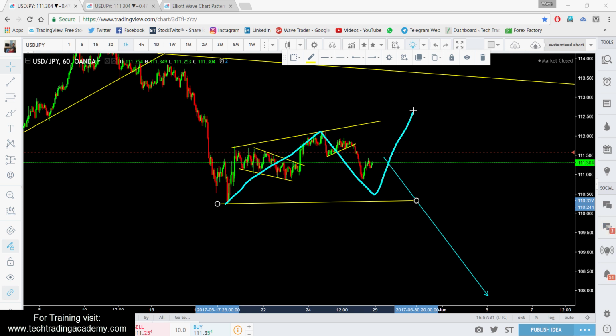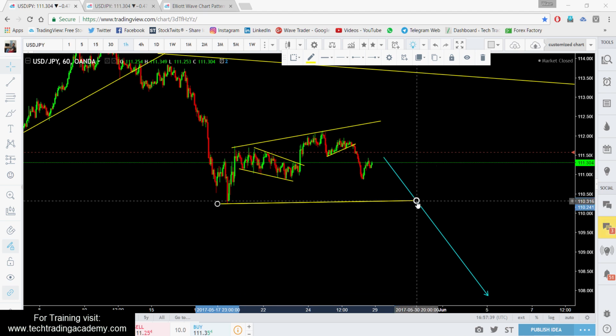Then we're going to pay attention at that area for the downside. Okay, you understand? This is how a pattern develops. This is how one pattern changes into another formation. So you have to keep in mind what was the last formation, what is the next possible formation, and where you need to look for entry.